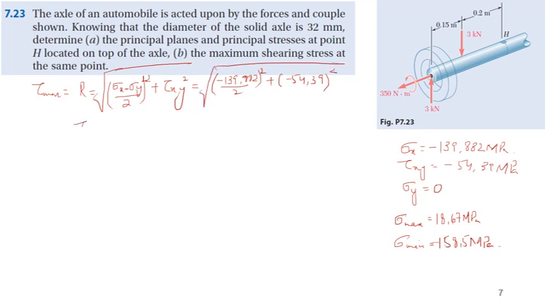So tau max is equal to the radius, and that is equal to 88.6 megapascal.